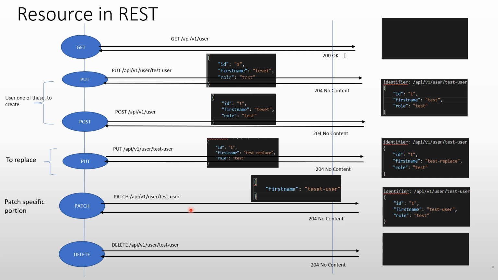Here, I am trying to just update the first name. This is how I would use it when I am updating a particular parameter. Delete is for deleting a given path or a resource identifier, and it will give you a response code 204.